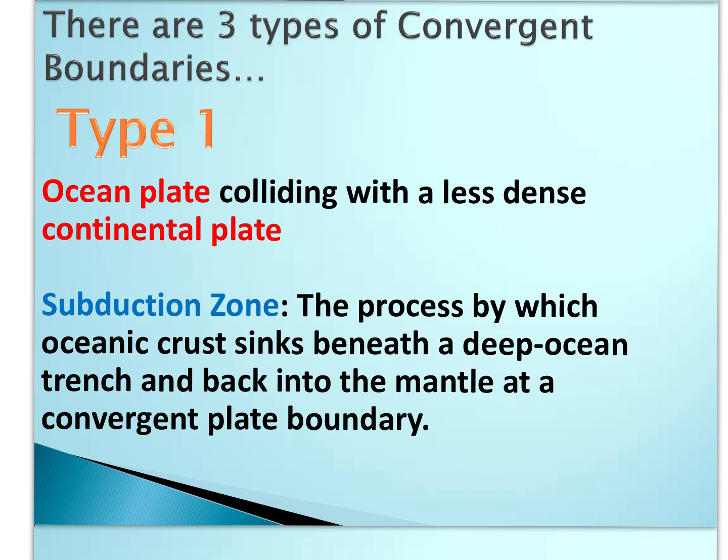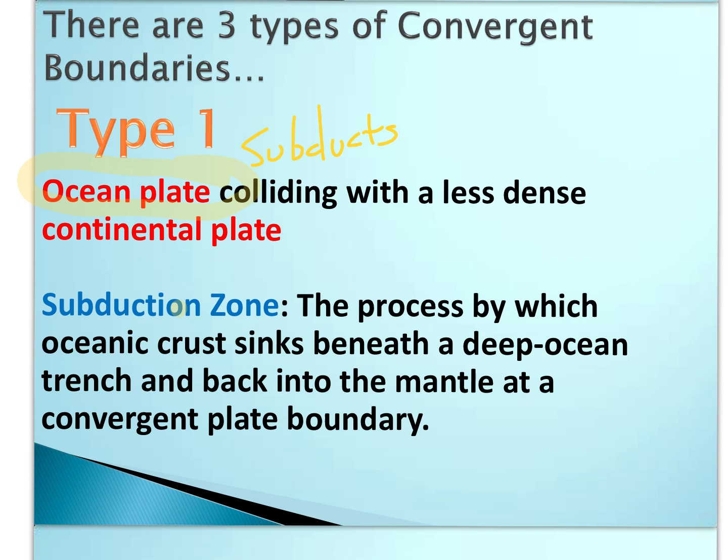Oceanic plate colliding with a less dense continental plate. And let's just highlight then that the oceanic plate is where the subduction is going to be. Right, the oceanic plate subducts. And why? Because oceanic plates are more dense than continental plates.